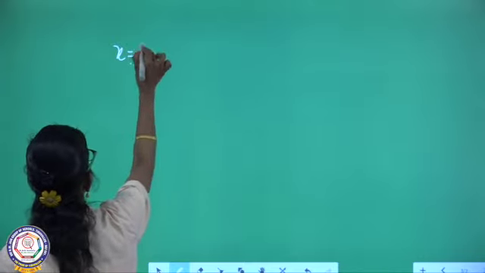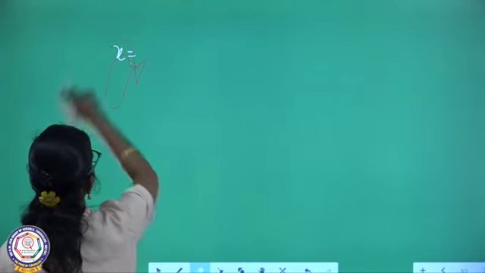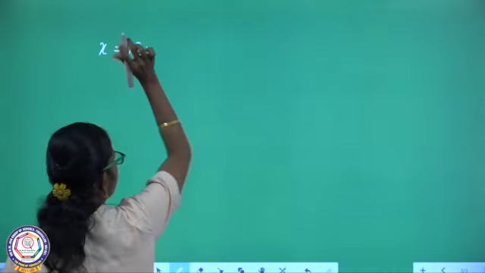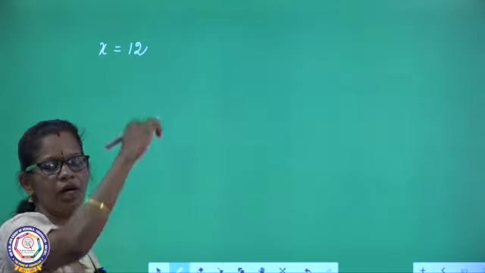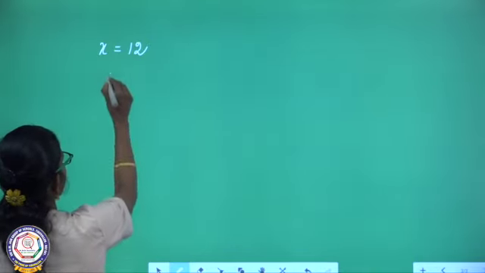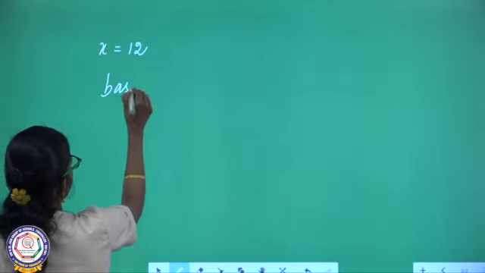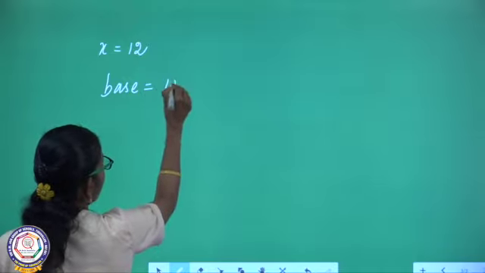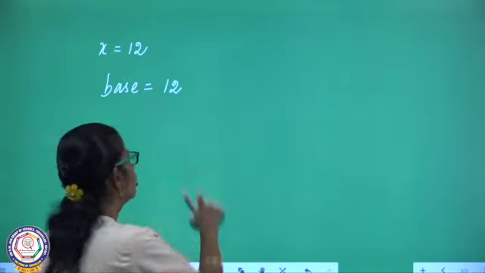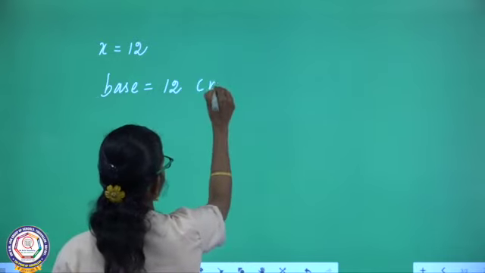x = 12. Okay. What we took already: let the base be x. That means base = 12. In the question itself they gave it in centimeters, so 12 centimeters.